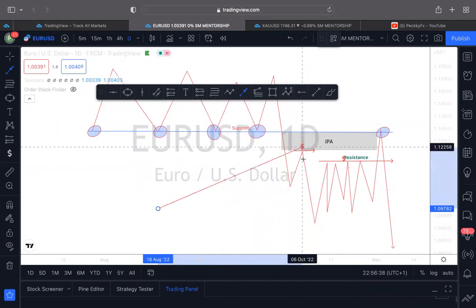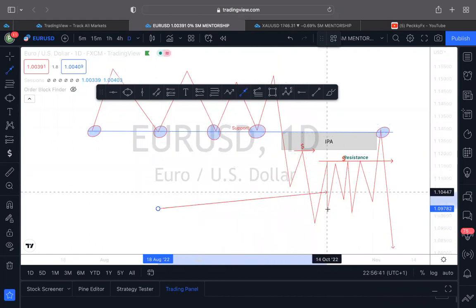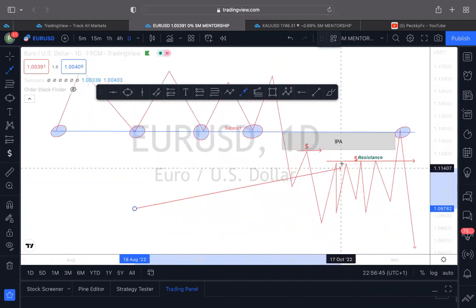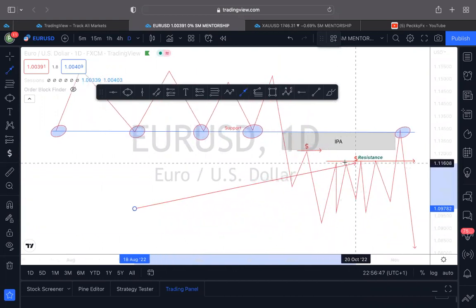Then the market started creating lower lows and just like that, lower highs. And from there, we started seeing some new resistance being formed in the middle of nowhere. That's where you're going to ask yourself, is the market forming a virtual resistance where you don't even know why it's giving you resistance there? There must be previous data as to why the market is stalling somewhere.